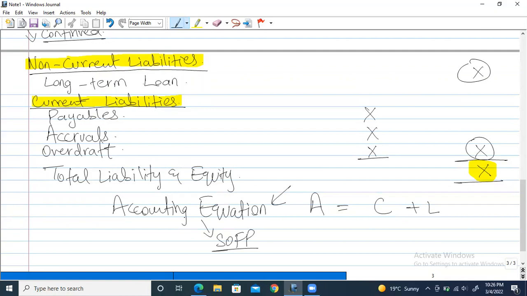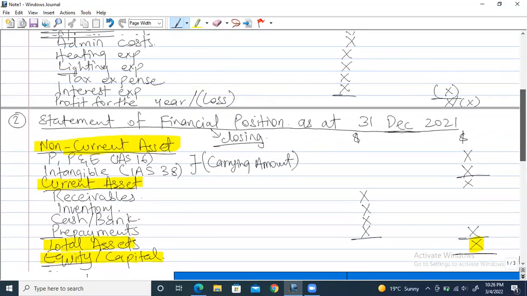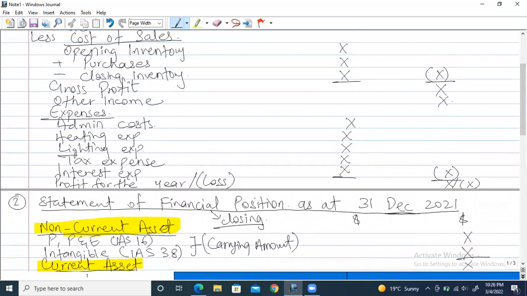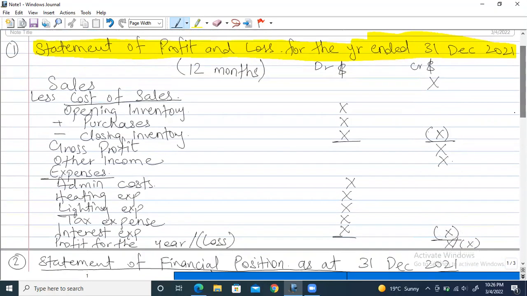So these were the two formats. I hope you're clear about them. Obviously, the detail will come after we do all the questions. This actually does not have any questions, but I was just explaining because we are starting consolidation, and if we have a good grip of these normal financial statements, we can easily study the topic of consolidation as well.